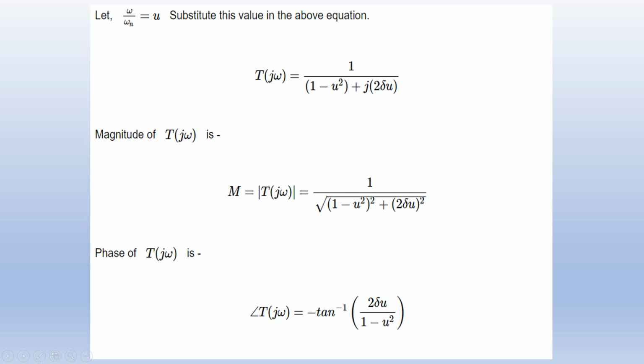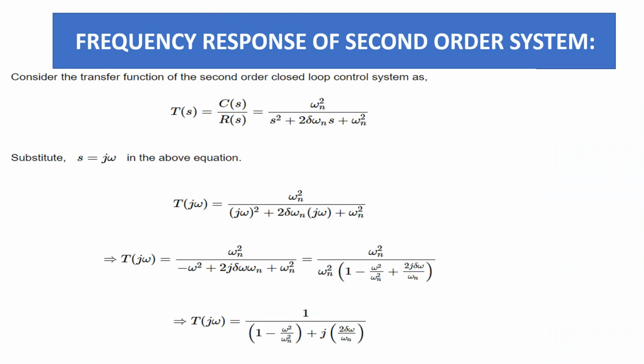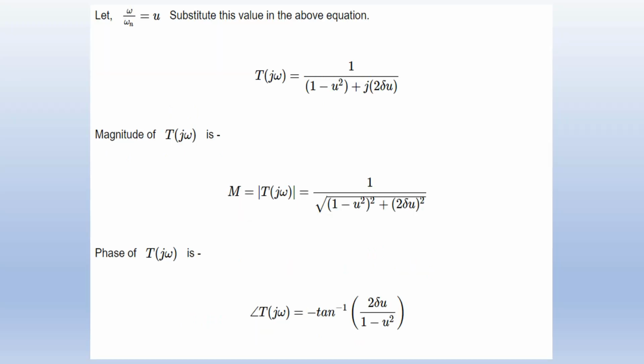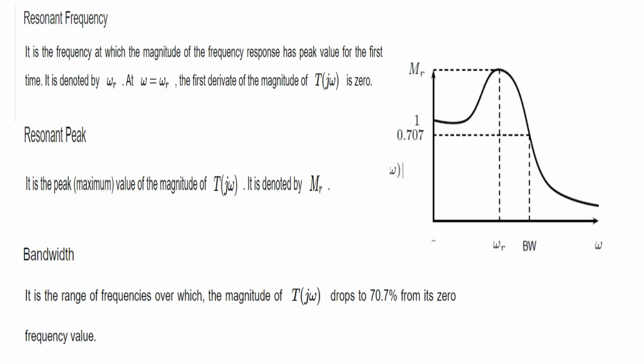And we saw that the angle or the phase of this second order system is also dependent on the normalized frequency as well as the damping factor of this second order system. So let us move on in this session by finding out the magnitude and phase response of a particular system with varying frequency.